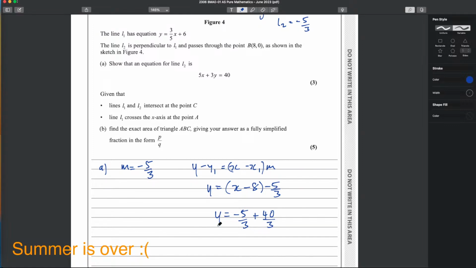Which you can write, 24? Why 24? Oh, yeah. Wait, no? Why 24?